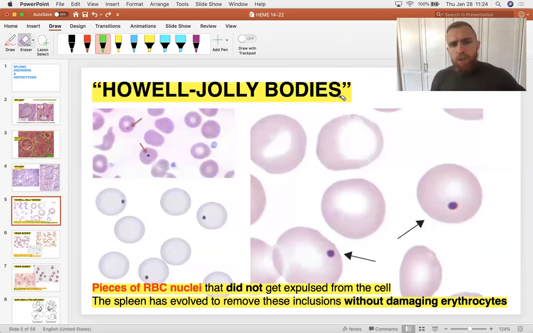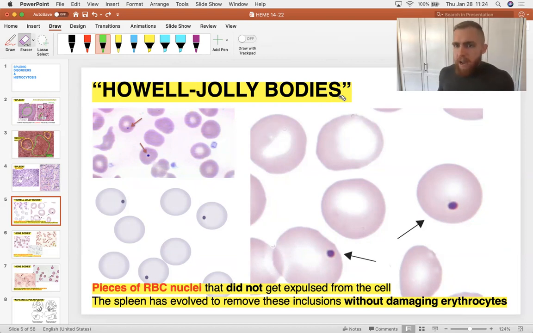So here's a Howell-Jolly body. A Howell-Jolly body is part of a red blood cell nucleus that just stays behind whenever a reticulocyte, remember, a premature red blood cell, goes from polychromoblast to orthochromoblast to reticulocyte to erythrocyte. At the orthochromoblast stage, you're supposed to spit out the nucleus if you're a red cell.